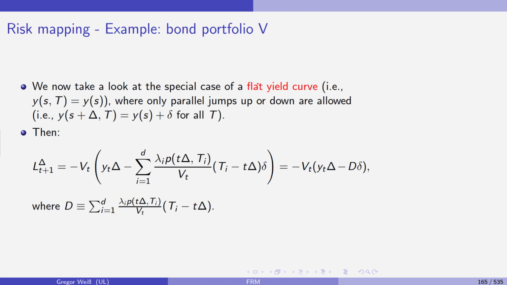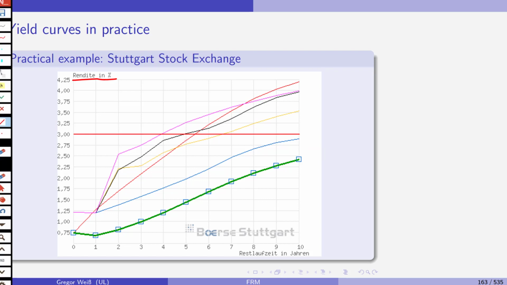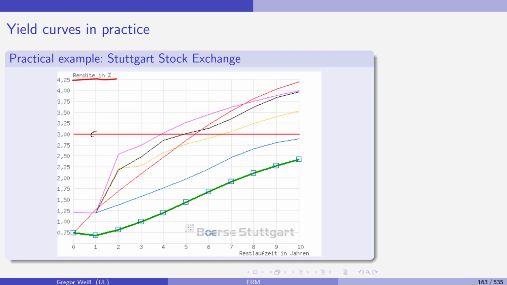And if we now take a look at the special case of a flat yield curve, that is, all those yields for different maturities are flat. That would be the case if, for example, it looks like this. Then for different maturities, we always have the same yield here, here, and here.